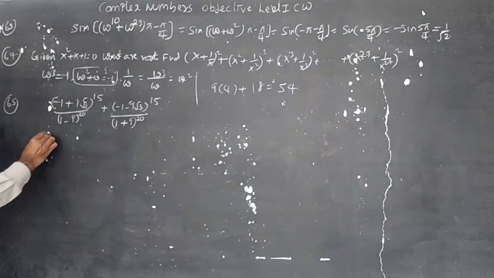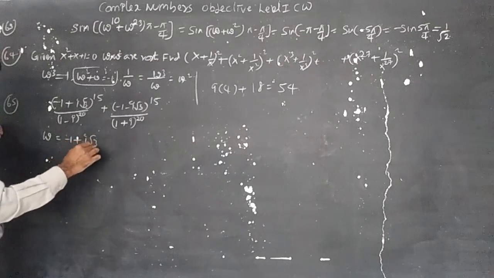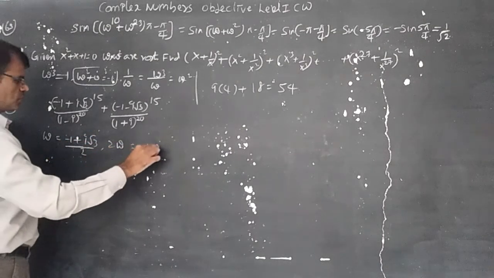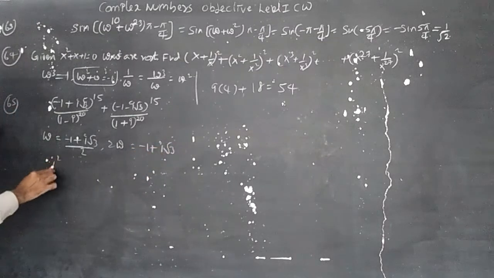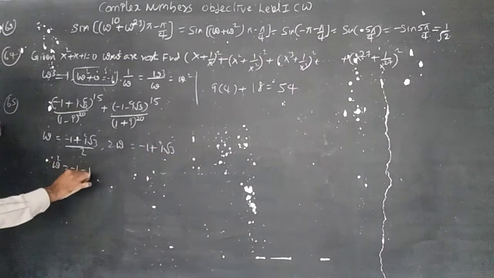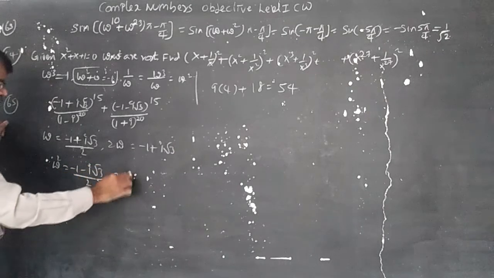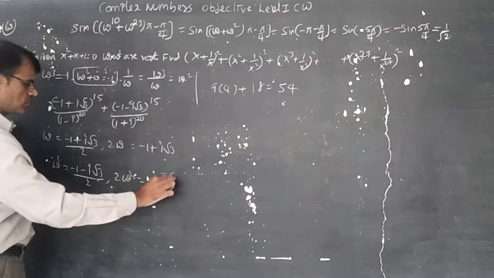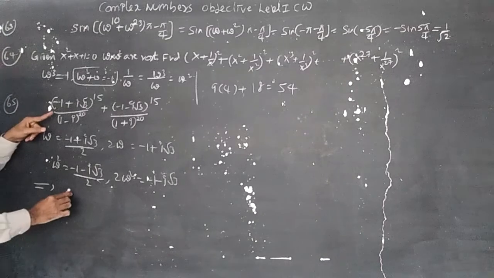Let us remember the value omega is equal to minus 1 plus I root 3 by 2. So 2 omega becomes minus 1 plus I root 3. Next, omega square value is minus 1 minus I root 3 by 2. You need to remember these two values. 2 omega square value is minus 1 minus I root 3. That implies, substitute the value here.